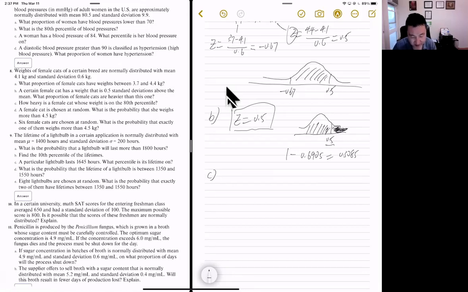For the 80th percentile, we go to table 8.2 and find the value closest to 0.8000, so find the z-score close to that. From the table, we can find the z-score. It is around 0.84.